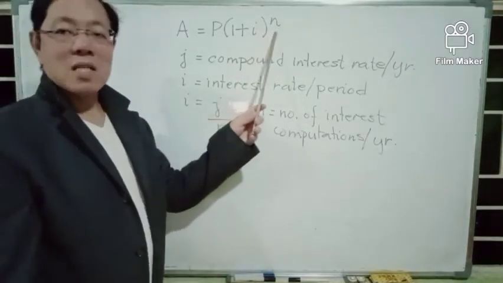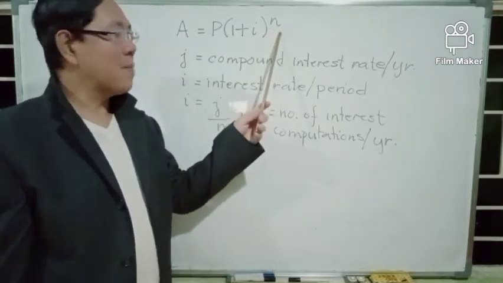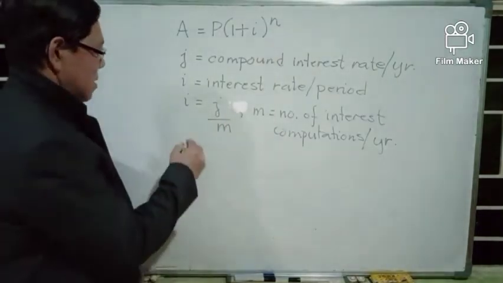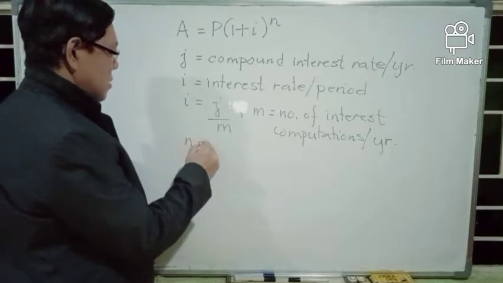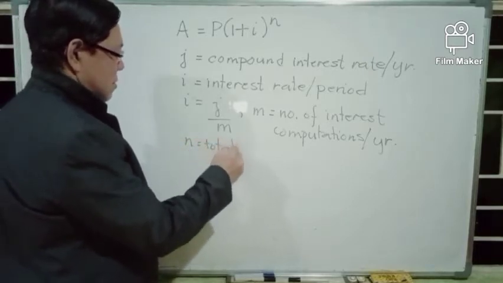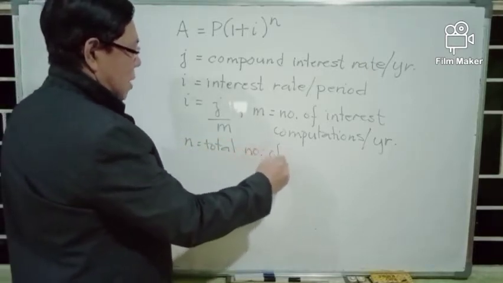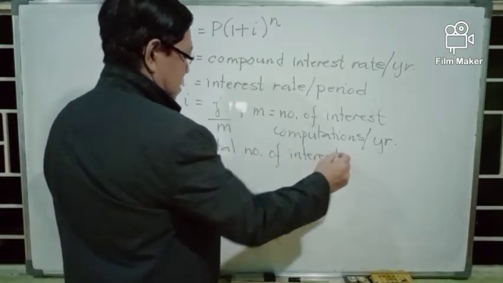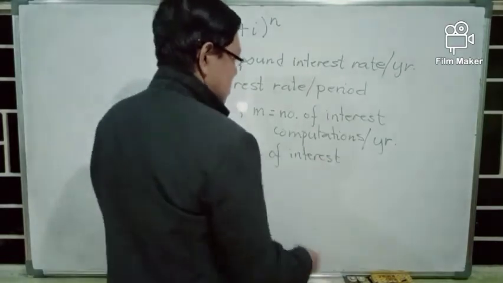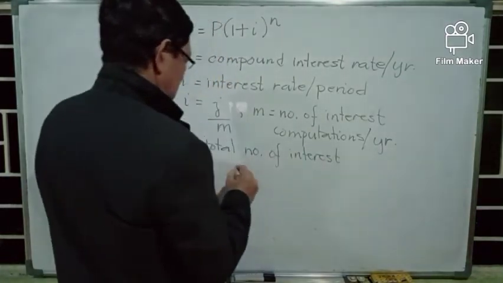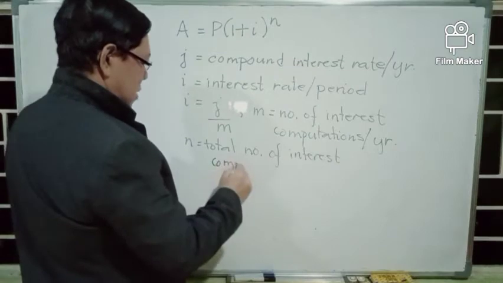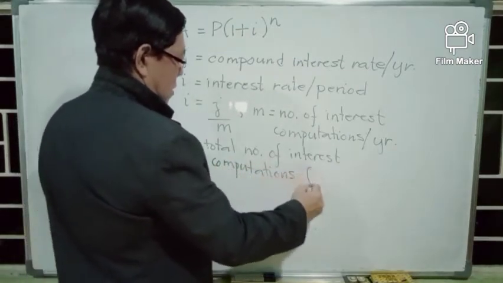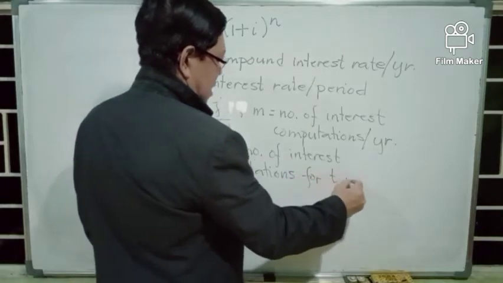In this formula, the exponent n is the total number of interest computations for T years.